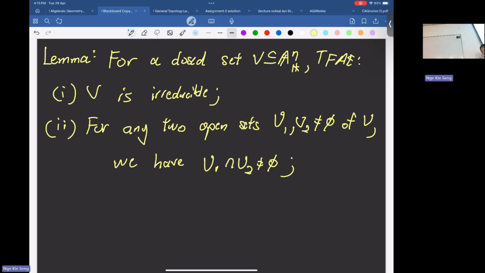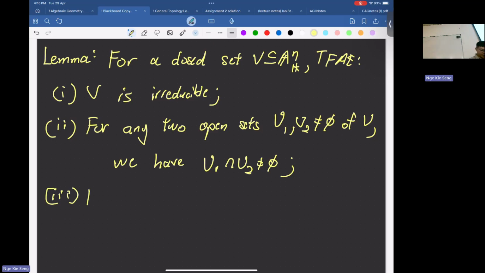If it is empty, you can literally use these open sets to factor your V.